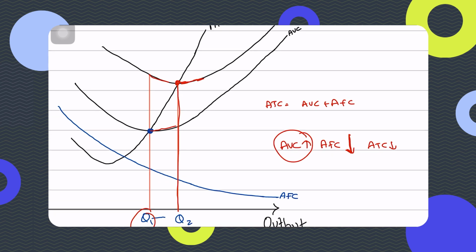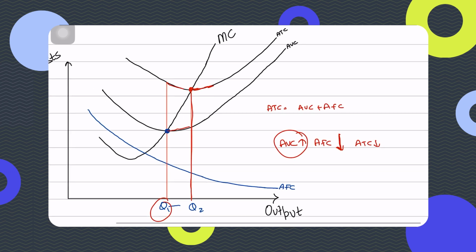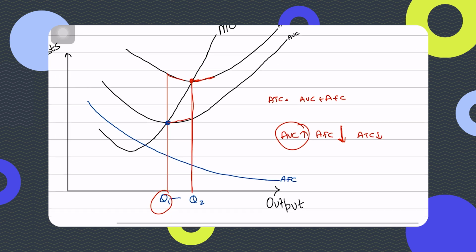So again, I'll repeat the reason why, at Q1, although AVC has reached its minimum, ATC is still declining: it is because AFC is declining at a faster rate.